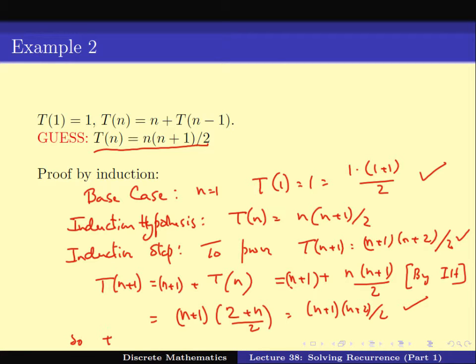So we have t of n equals n into n plus 1 by 2 for all n greater than or equal to 1. Again, the idea is simple. If you can guess the value correctly for Tn, then you can prove what Tn is by induction.